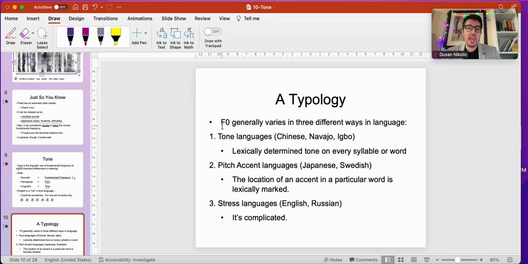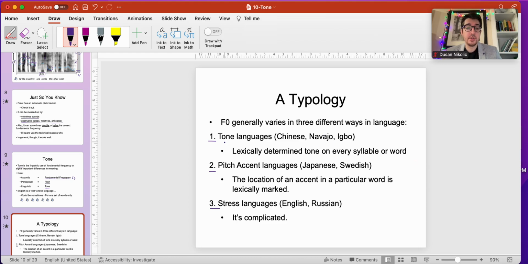Well, F0 generally varies in three different ways in language. There are tone languages, there are pitch accent languages, and stress languages. Tone languages are Chinese, Navajo, and Igbo. They have lexically determined tone on every syllable or word.